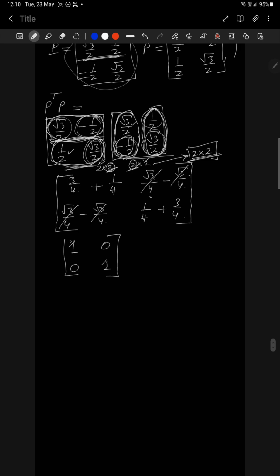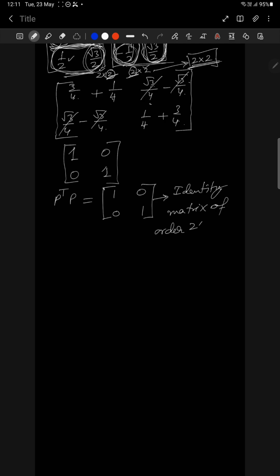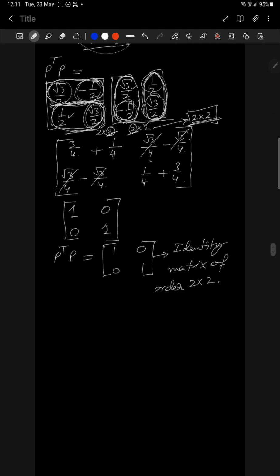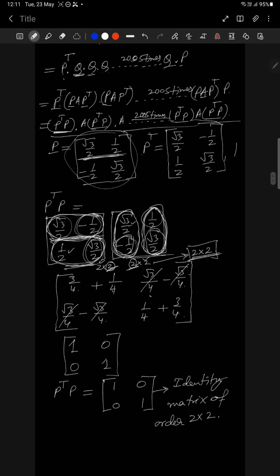So the resulting matrix, that means P transpose P, is coming as 1 0 0 1. I think you can recognize this one is the identity matrix of order 2 cross 2.